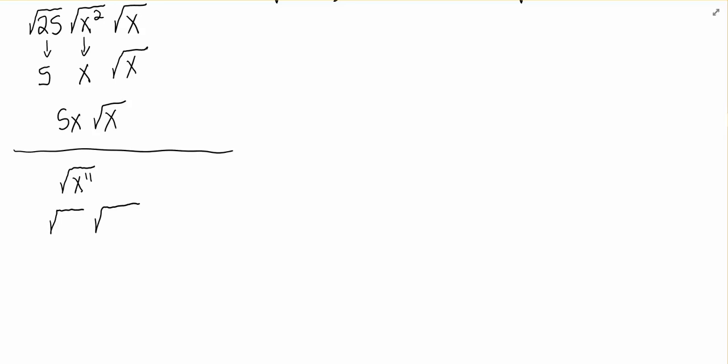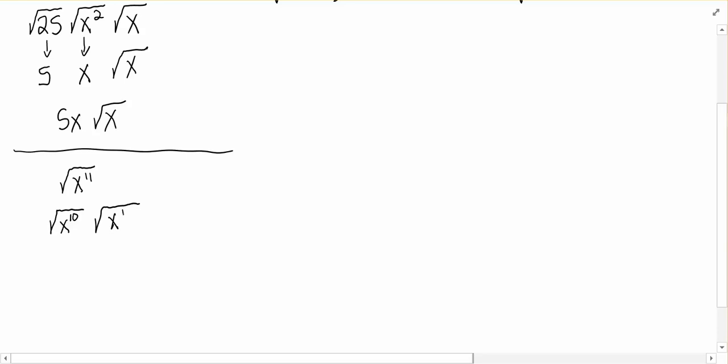If we're talking about a perfect square with x to a power, even powers are perfect squares. So what I'm really looking for is the biggest even power that's less than 11. That would be x to the 10th. And what's left is x to the 1st.